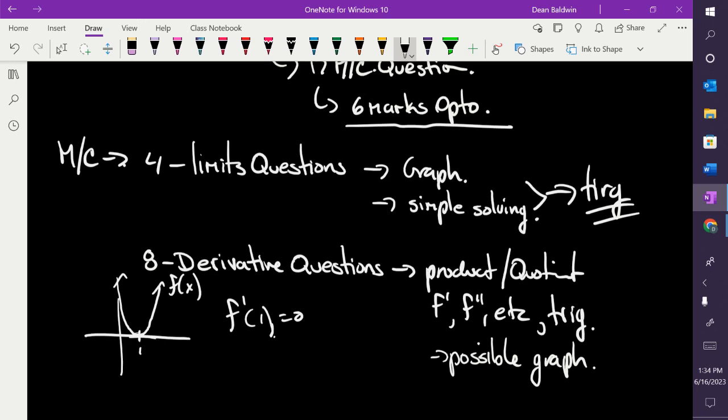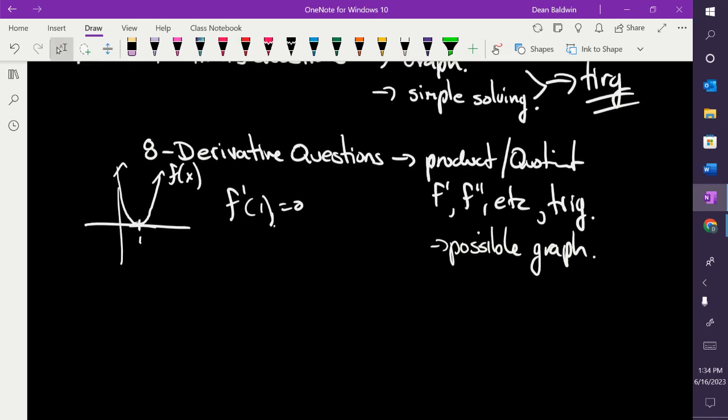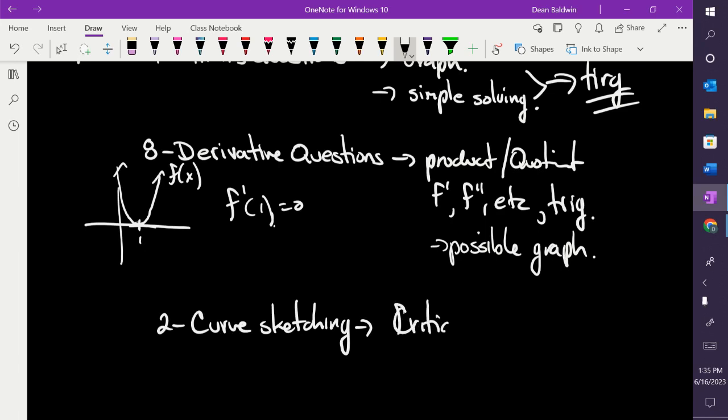Okay, so derivatives. And then there's curve sketching, chapter 3, of which there's like 1 question. So I guess 2 questions. These kind of blend together, these questions. So 2 curve sketching questions, which are like, what are the critical numbers? How do you find critical numbers?